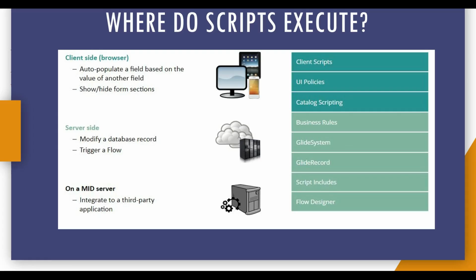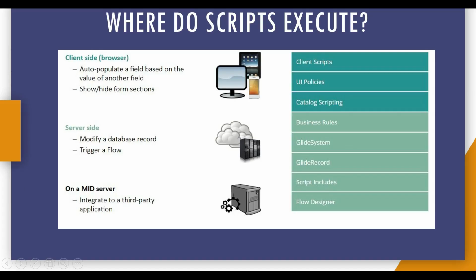So for that purpose, we have client script, UI policy, and catalog client script. These are examples of client side scripting. Server side scripting, as I mentioned earlier, is when we are modifying any database record, which means we are executing the script at the database level.